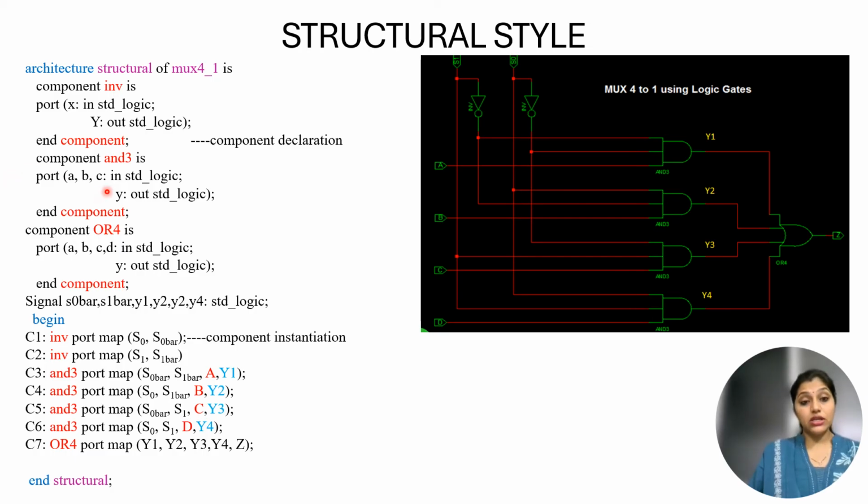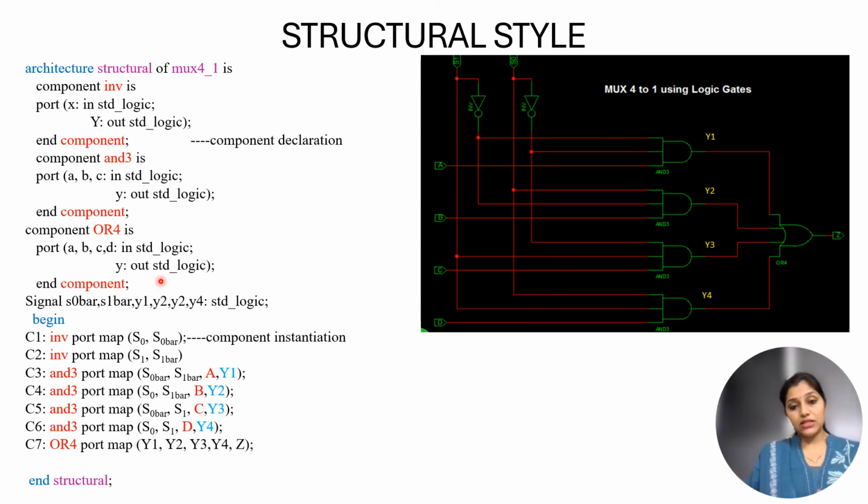Component and3 is port A, B, C are 3 inputs in std_logic, and Y is our output for this AND gate. Next component is the 4 input OR gate. Component or4 is port; this declaration is very similar to our entity declaration. Port A, B, C, D in std_logic, Y out std_logic, end component.